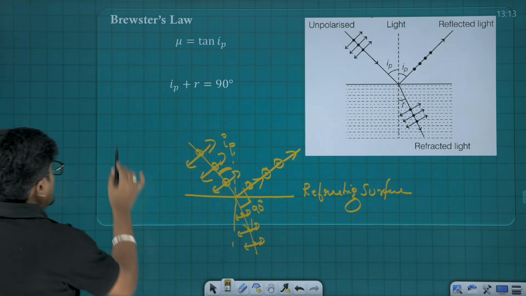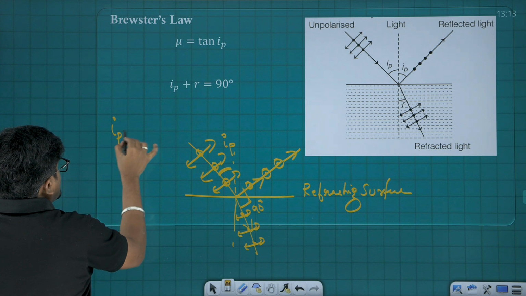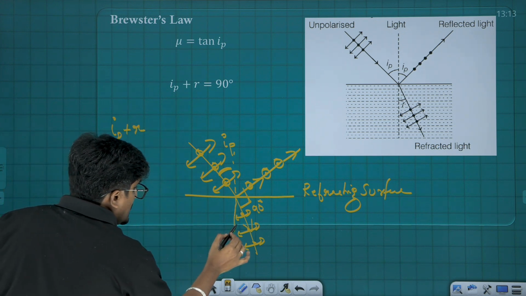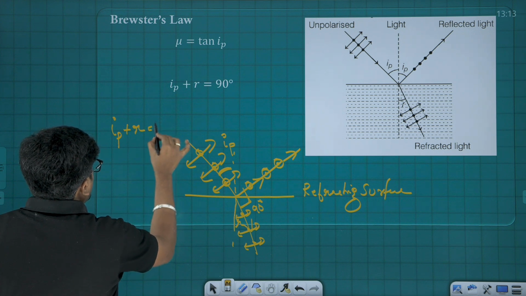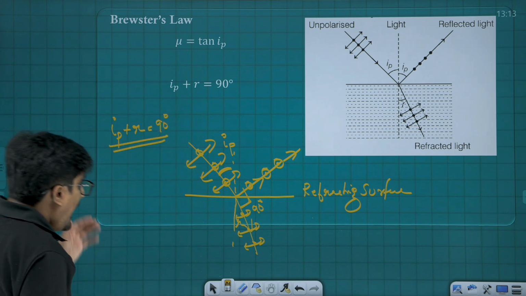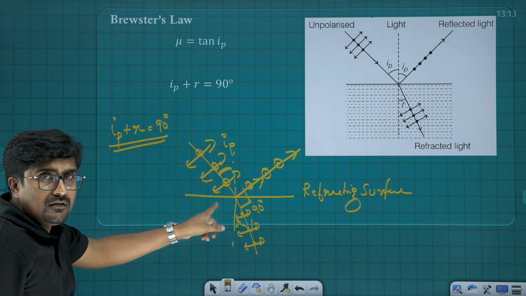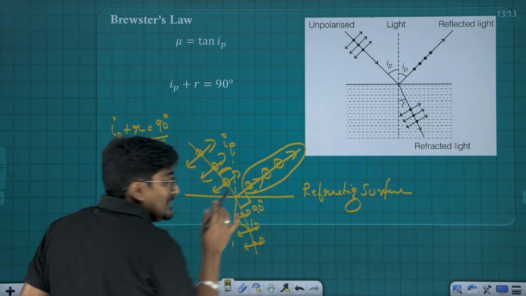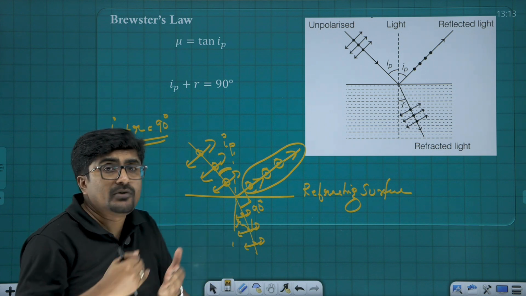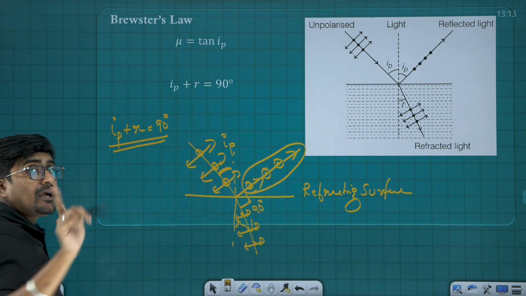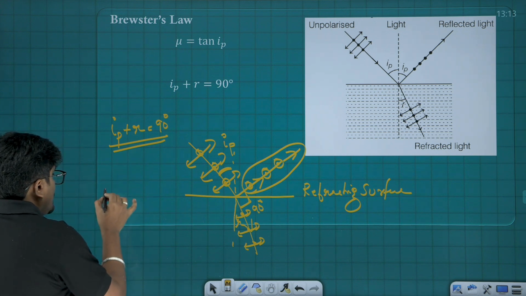So if I mark this particular angle of incidence as i suffix p, then i suffix p plus r, where r is the angle of refraction, needs to be 90 degree. And at what angle of incidence will such plane polarized light be obtained from the reflected one?